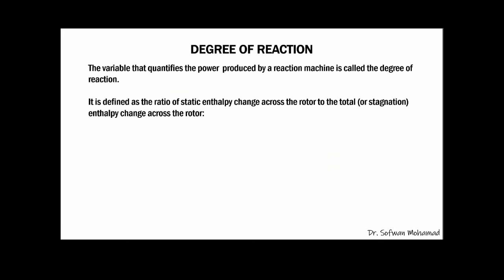Because a reaction machine is the combination of impulse power and reaction power, the variable that quantifies the power is called degree of reaction, and it is defined by the ratio of static enthalpy change across the rotor to the total or stagnation enthalpy change across the rotor, which is given by this equation.